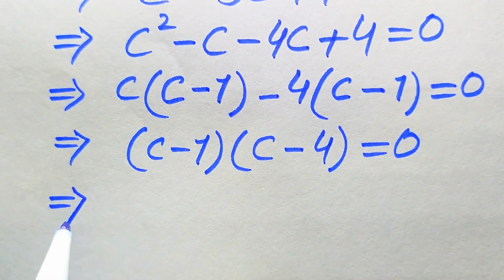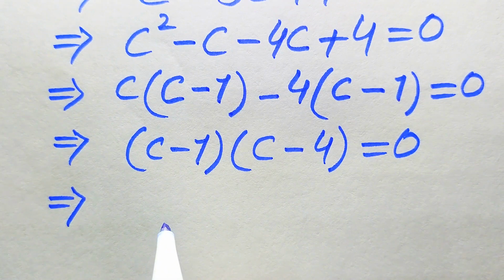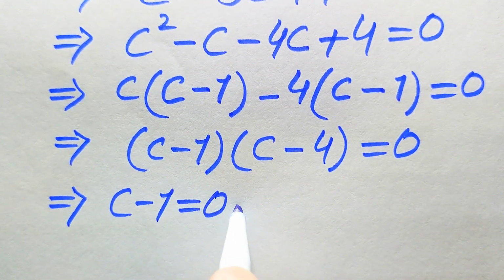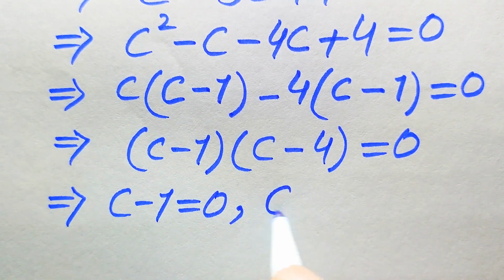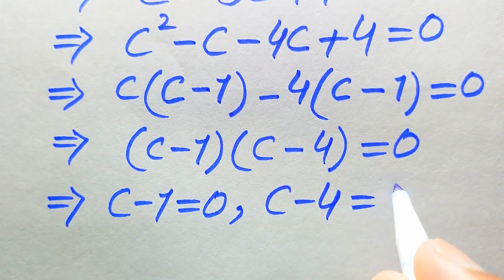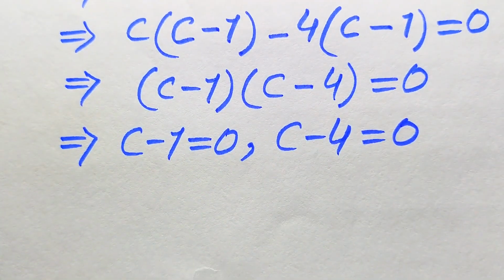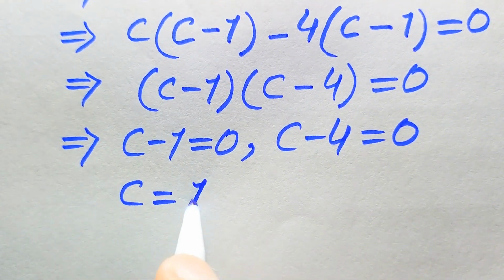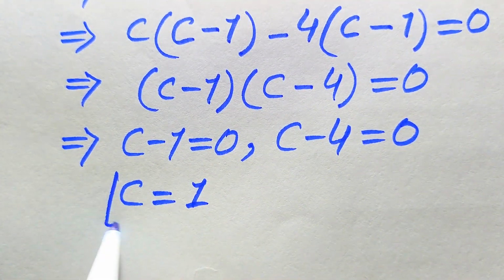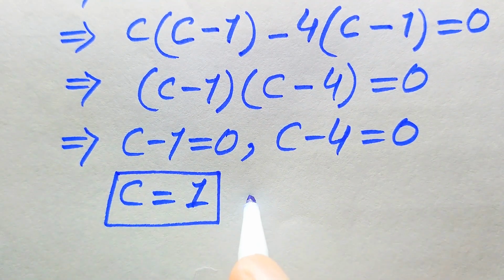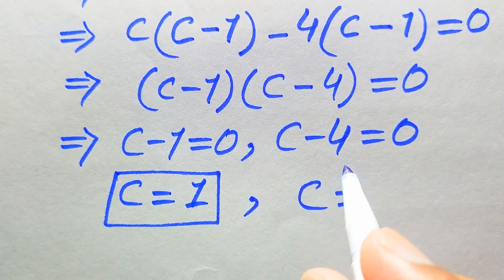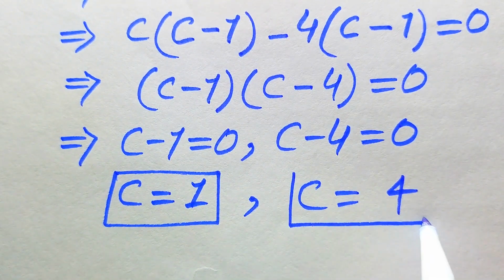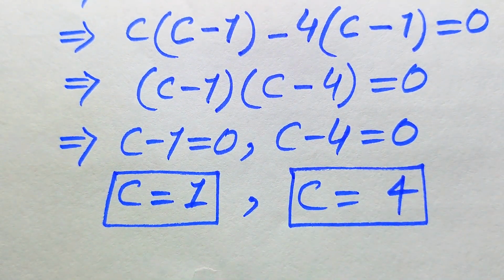And now in the next step we divide this equation into two cases. The first case is we write c minus 1 equals to 0, and the second case is we write c minus 4 equals to 0. So from here we move minus 1 to the right hand side, and we get the value of c is equals to plus 1, and from here we move minus 4 to the right hand side, and we get the value of c is equals to plus 4.